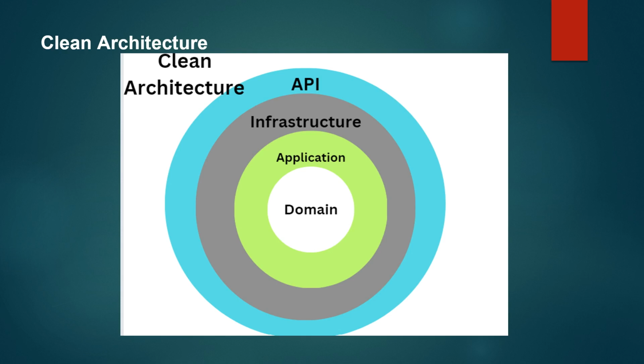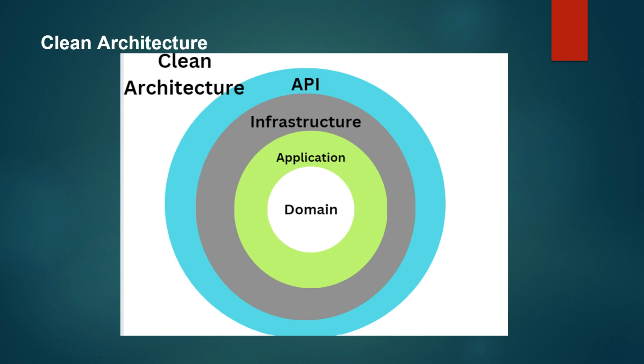Now we can move to the application layer. What is the application layer? This layer contains all application-related logic. It depends on the domain layer but has no dependency on any other layer like infrastructure or API. This layer defines the interfaces that are implemented by the outer layers.